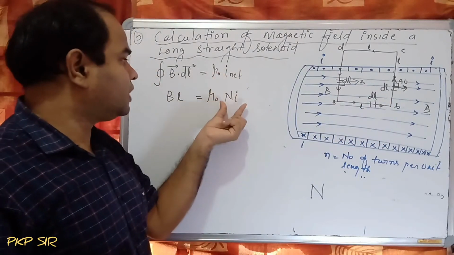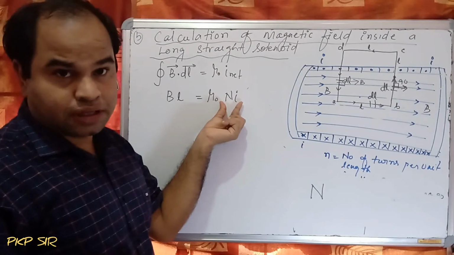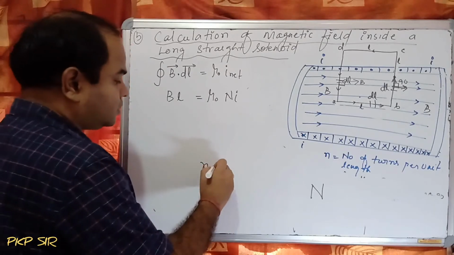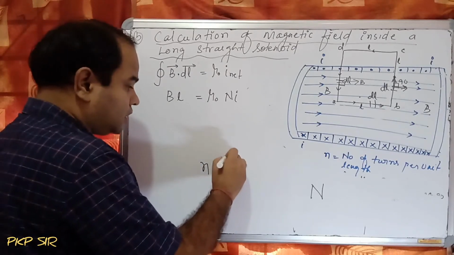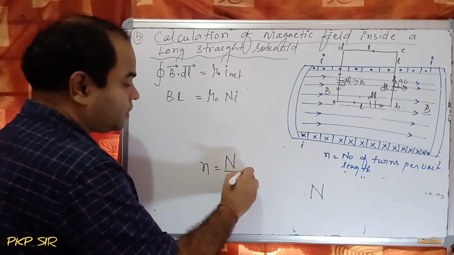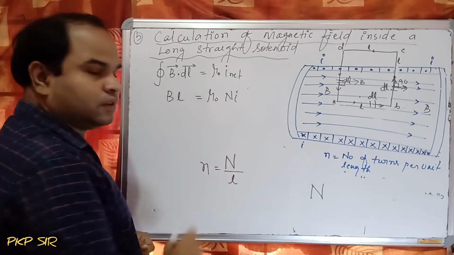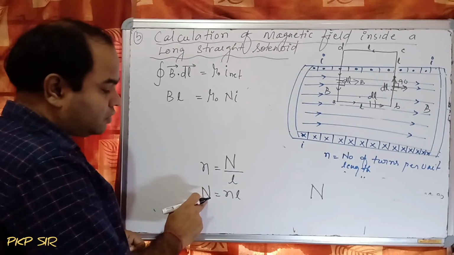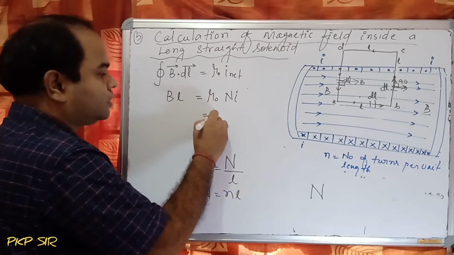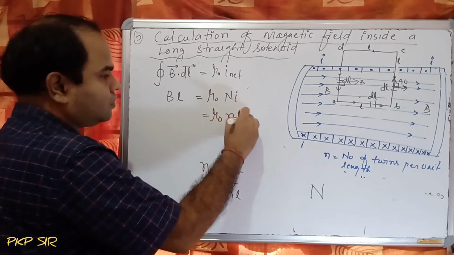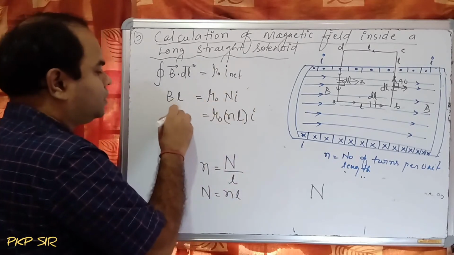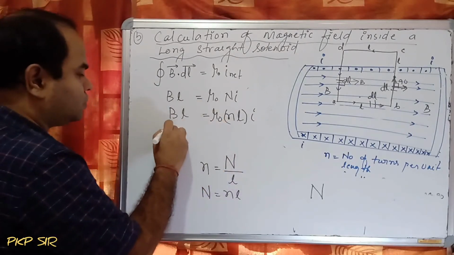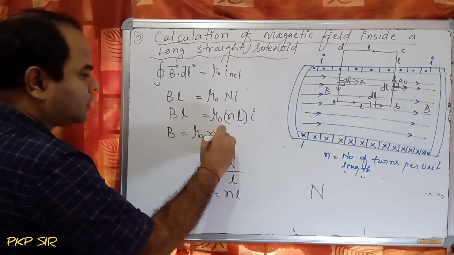So the equivalent current will be n into I. Again, we should know that n is the number of turns per unit length, which is the total number of turns divided by the total length L. So the total number of turns is n into L. We can put that value here: mu naught, N into L into I is equal to B into L. L cancels out, so B is equal to mu naught N I.